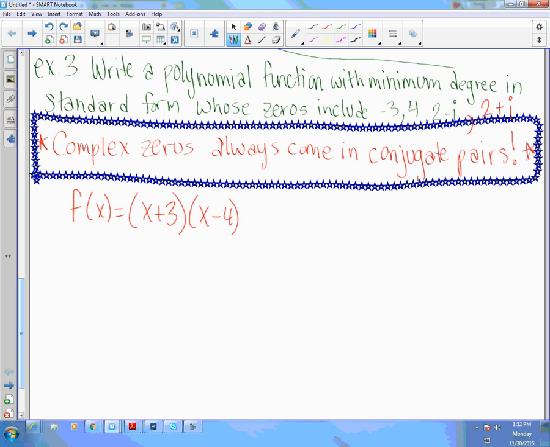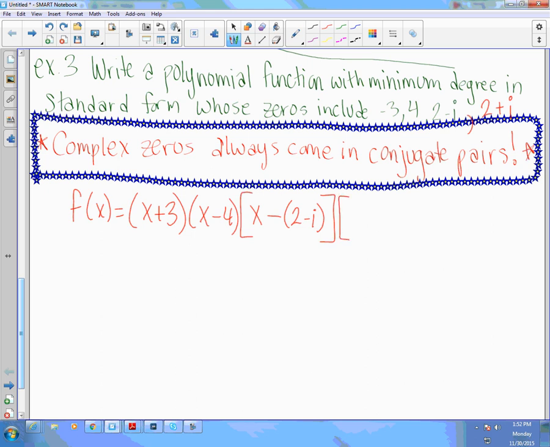Now, the complex ones are a little funny looking. We put a bracket. We start with x, but since it's positive, we're going to subtract parentheses 2 minus i. We're subtracting the whole thing. Same with the other one.